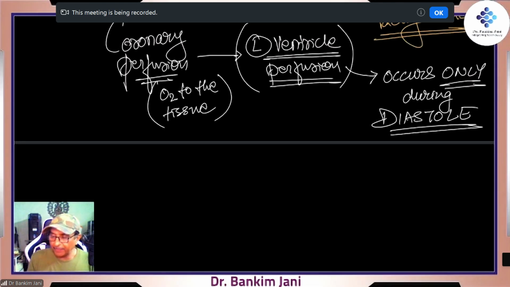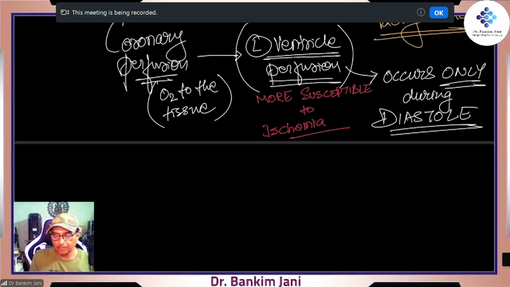So over here, this occurs only during diastole, but because left ventricle perfusion is highest, that's why this is more susceptible to ischemia. So amongst all types of heart attacks, in all chambers, left ventricular myocardial infarction is the commonest because its need is more.